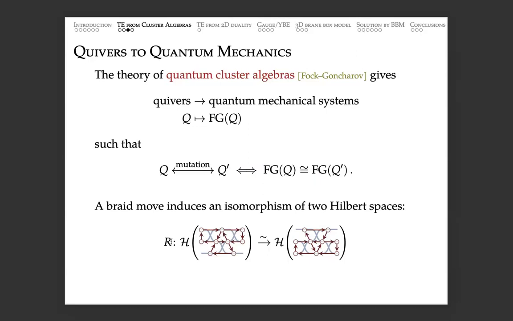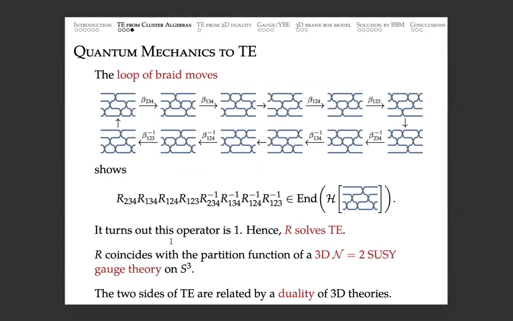Now, why is this related to the tetrahedron equation? The reason is that there is a very interesting loop of braid moves you can consider for wiring diagrams with four wires, which goes like this. Here on the top left corner, I have a diagram of four wires intersecting in a plane, and I name these wires 1, 2, 3, 4 from bottom to top on the left end.